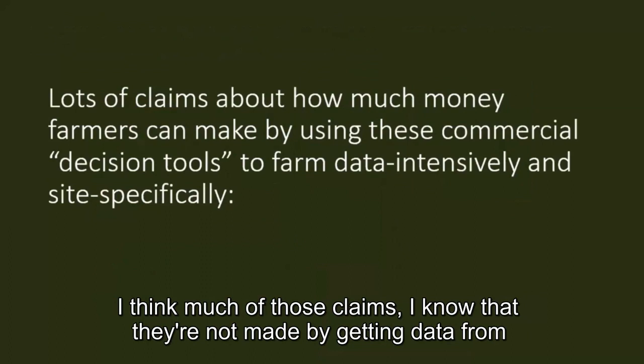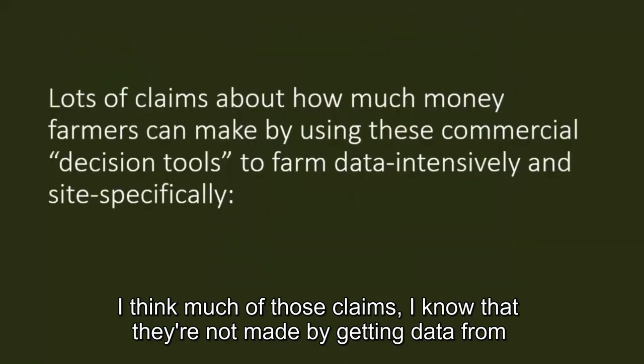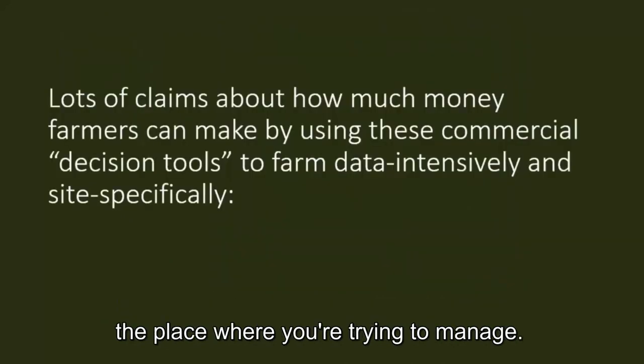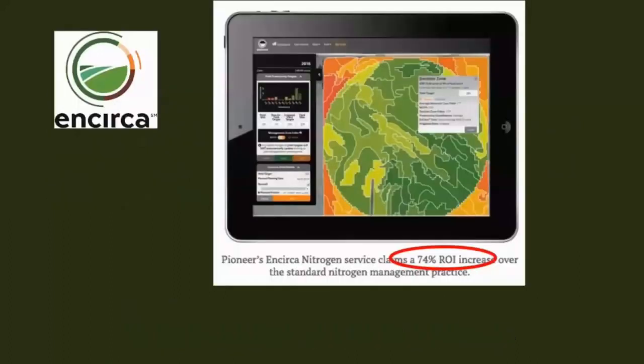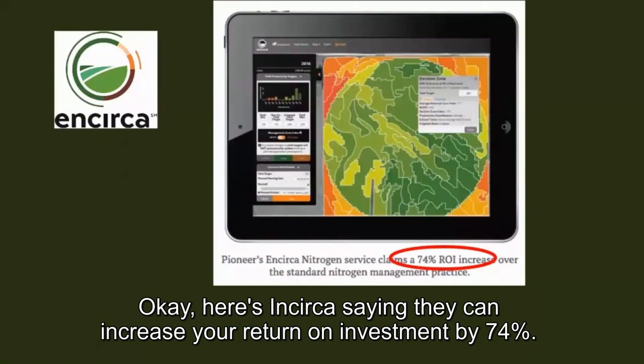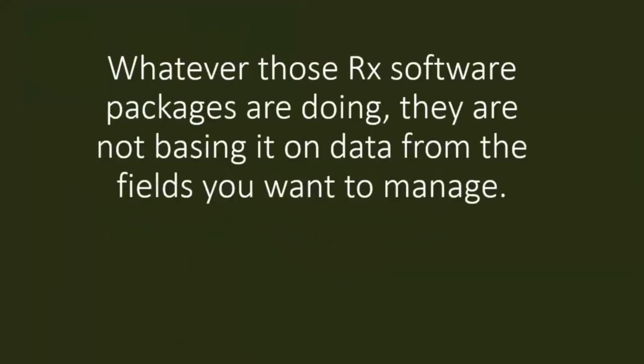I think much of those claims, I know that they're not made by getting data from the place where you're trying to manage. They're not made by getting data from the field the farmer's trying to manage. And that's a problem. Okay, here's Encirca saying they can increase your return on investment by 74%. Adapt-N is saying they can make you $30 more per acre if you use their software.